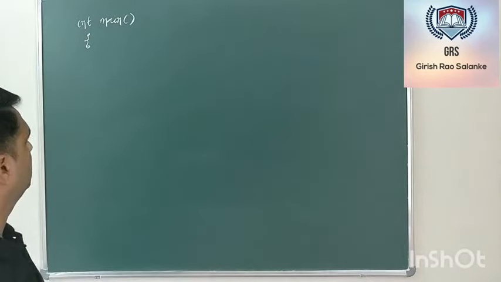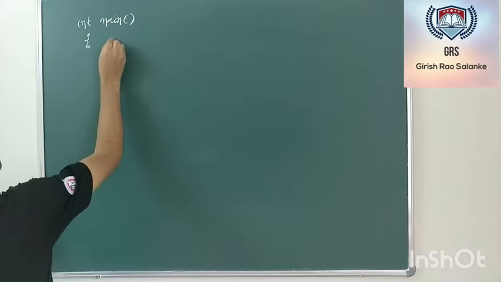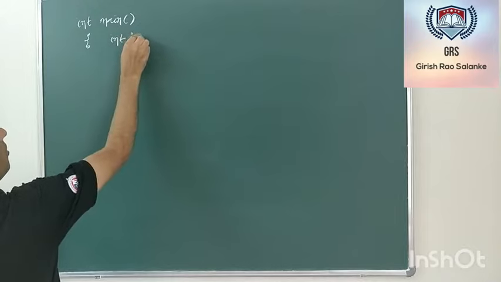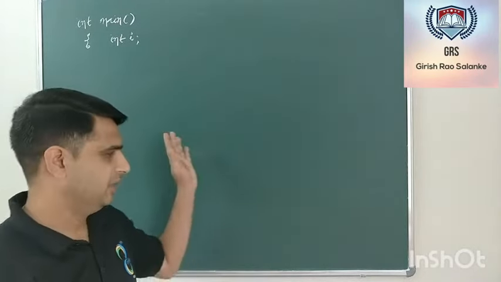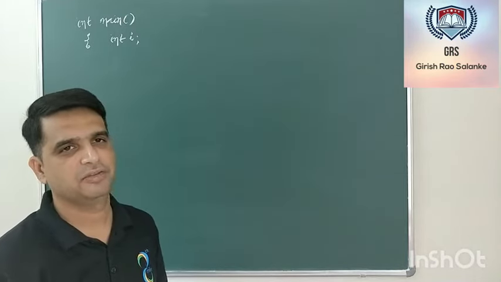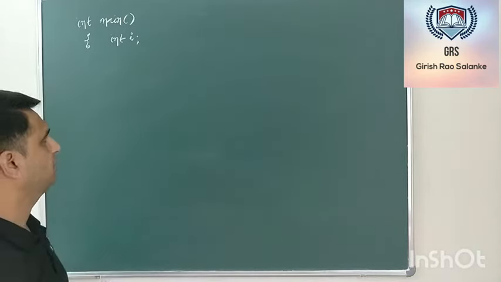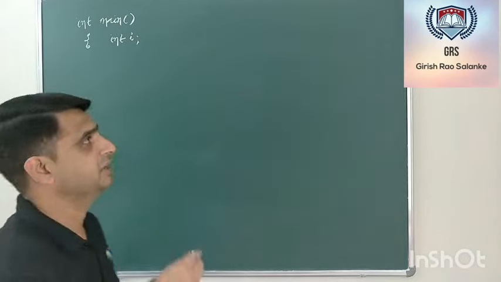As I have taken most of the variables as global, let me have a variable i to iterate the for loop that I am going to use in the main function. Now first, what is the first thing that we are supposed to do? We are supposed to read the number of objects.